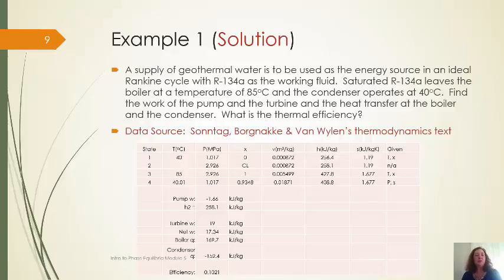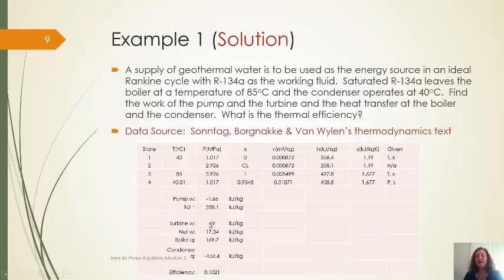However, for the turbine, I can assume if this is a reversible turbine, that the entropy across the turbine is going to be constant. So the entropy of state 3 and the entropy of state 4 will be the same. I also can assume that about the pump, so entropy 1 and entropy 2 are the same, but sadly that doesn't really help me get the H. But remember, for the pump, I can say V delta P is the work and use that to calculate H2.